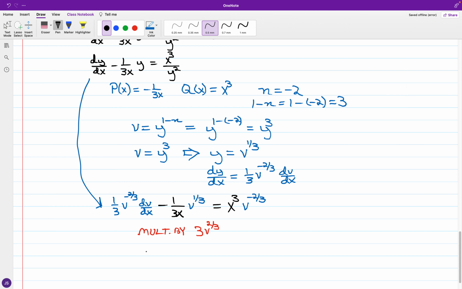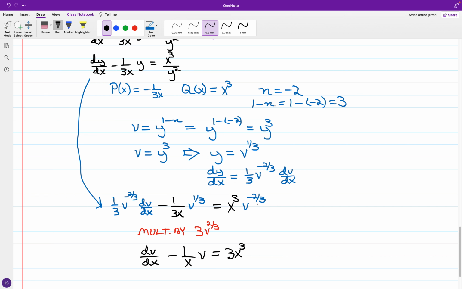In the rewrite, the first term we have is dv over dx, and we have minus, 3/3 is 1, the reciprocal of x, and v to the 1/3 times v to the 2/3 is going to be v to the first. So we have minus 1 over x times v, and we have is equal to 3x cubed.